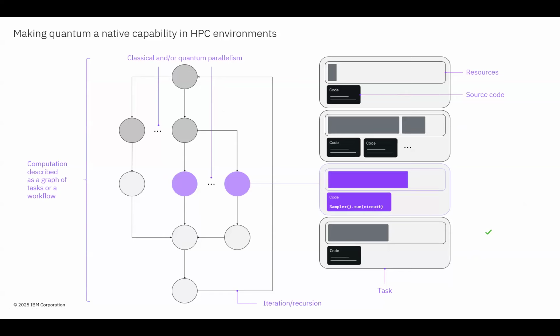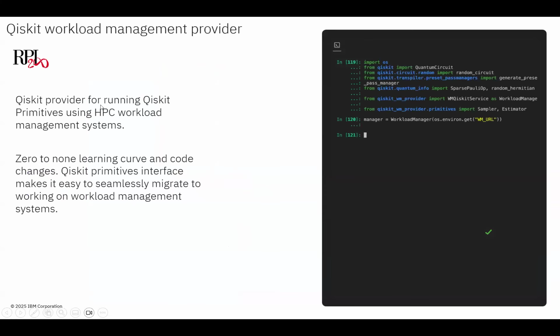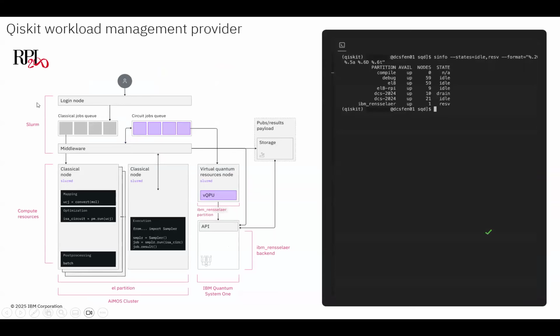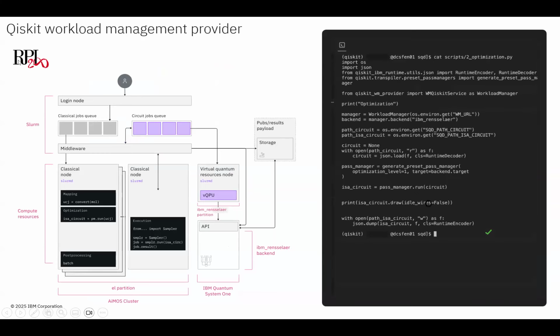So basically, we are using Slurm, and you can build a workflow to deliver the interesting work you want. Here is one of the examples of the workload management provider, which is used by one of our members.